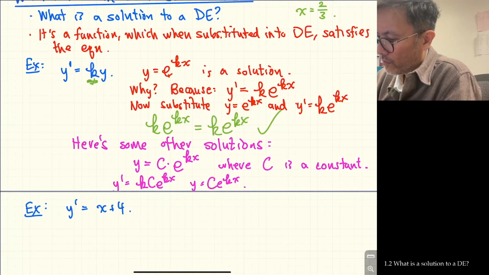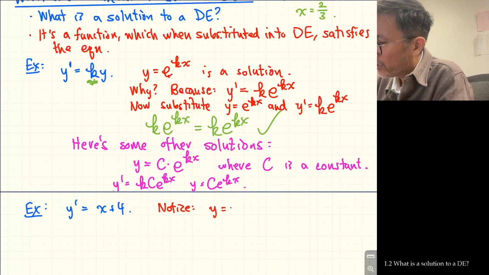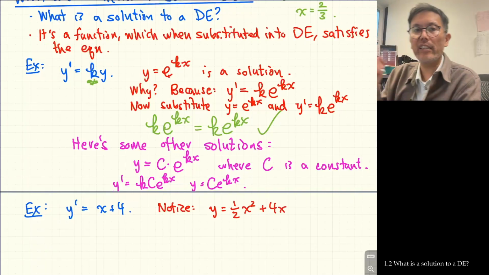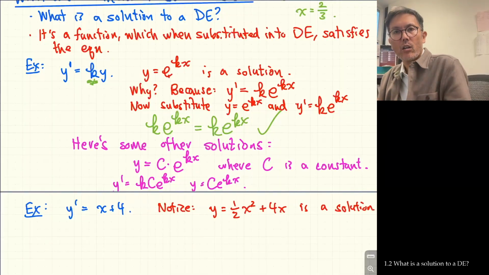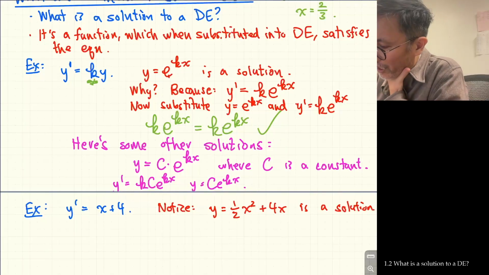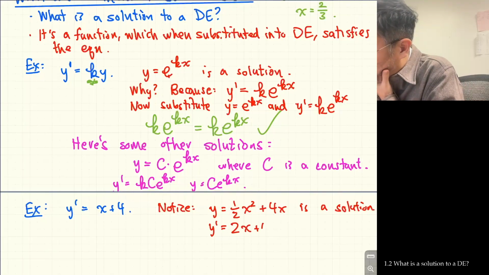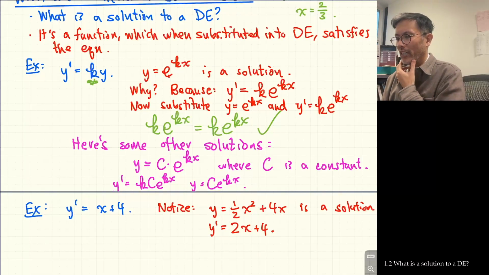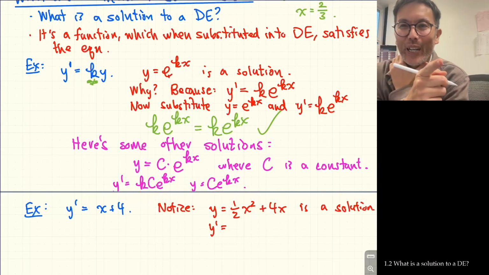So I want you to notice that y equals 1/2 x squared plus 4x is a solution. Why? Because what's y prime? Y prime is exactly 2x plus what? No. I do know how to do calculus, okay?